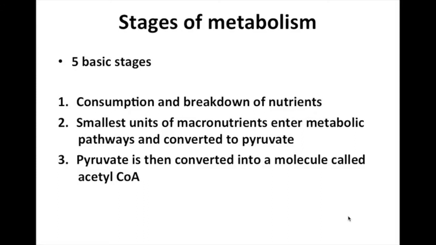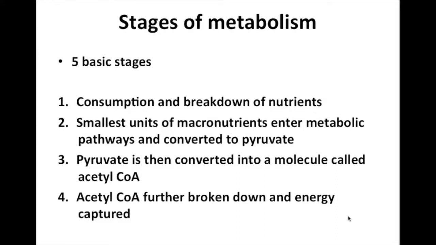We then convert that pyruvate into something called acetyl CoA, and this is a very critical molecule in our body because once we've converted our fat and carbohydrate into acetyl CoA, we're then on the road to making energy. Then we break down the acetyl CoA and that breakdown creates energy, more on that later, and then we capture the energy.